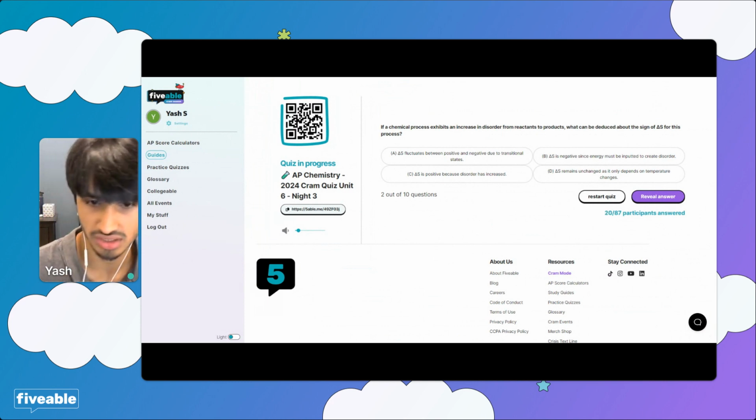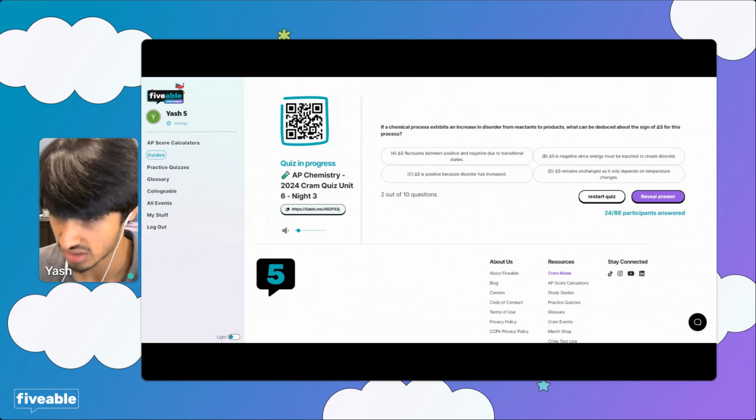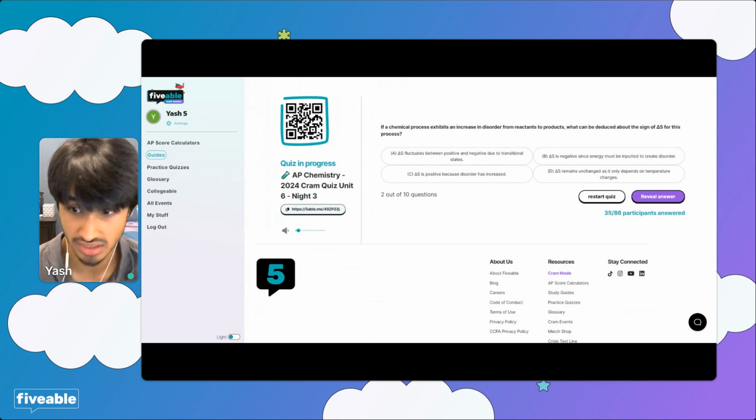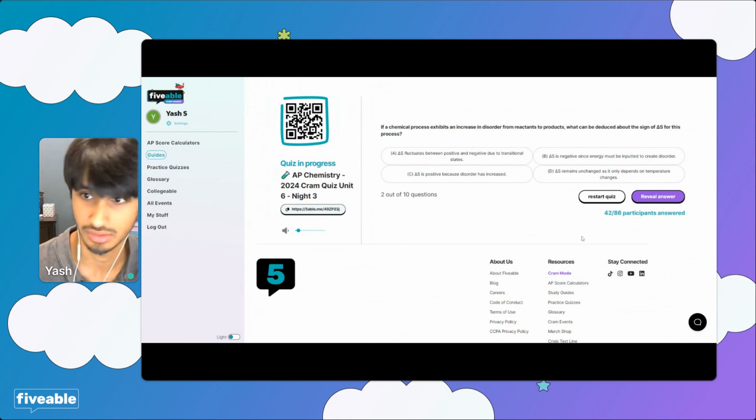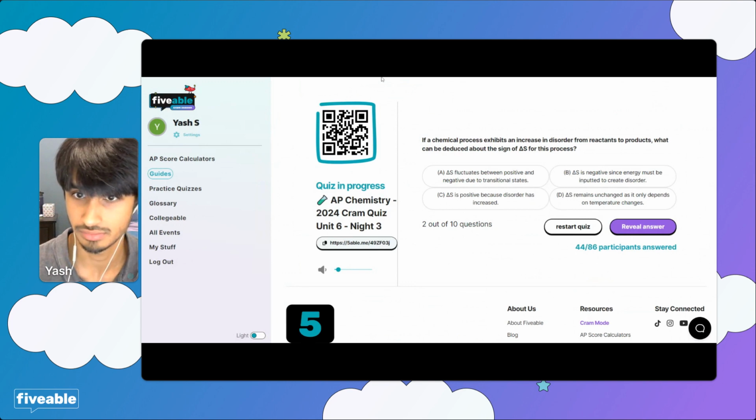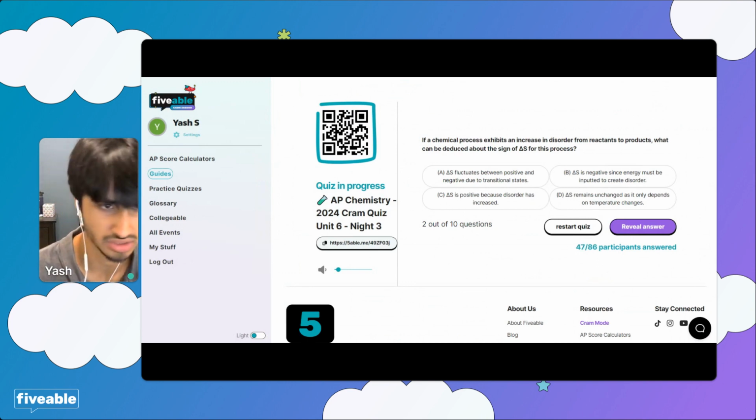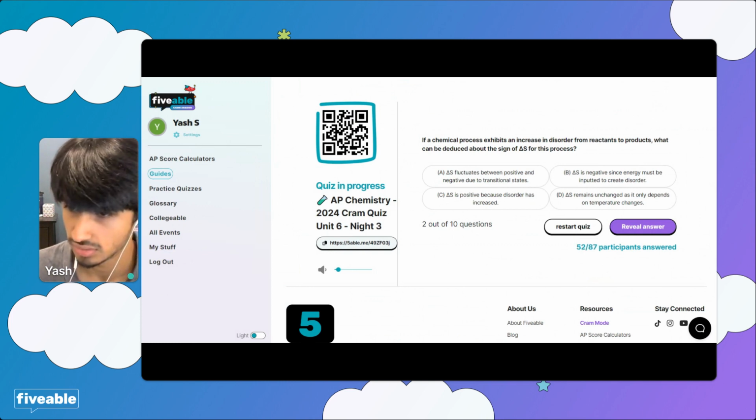Delta H is not influenced at all by the number of gases in the system. That's more a delta S thing. Zoom in. Okay, I'll zoom in a little bit. Is this better? Adam, just let me know, or anyone else too. Okay, this seems to be good for everyone.